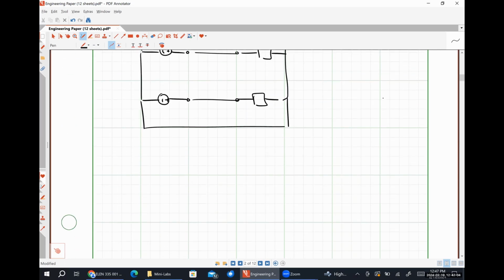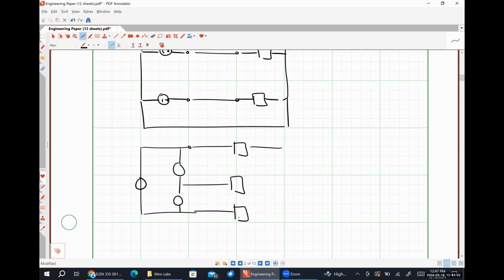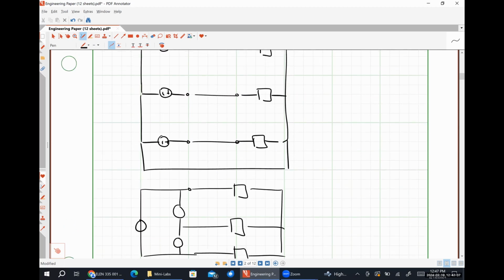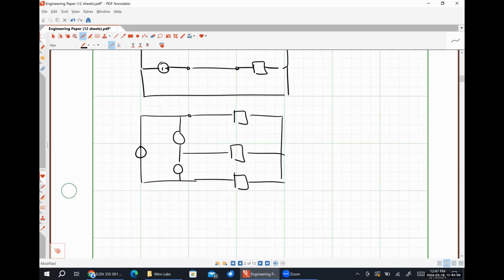Now, if instead my source were delta connected, and my load were Y connected, I have three loops, so still just as easy.